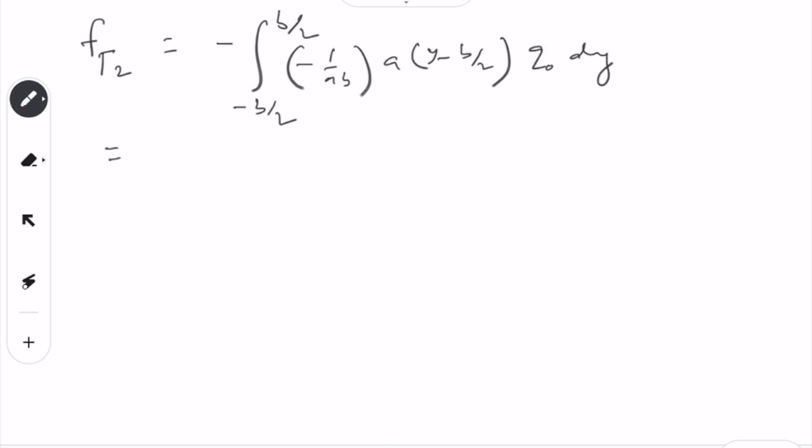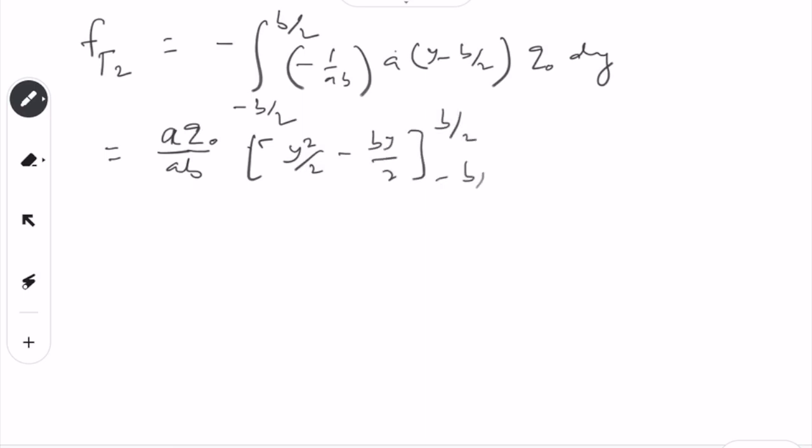Okay, and now we can see what is the value of that. So we can see here now equal to this minus plus, so 1 over ab, a also is here, so a over ab minus plus, so these things are gone. q naught we can also have, and then we have integration of this only, so we have y square over 2 minus b over 2.